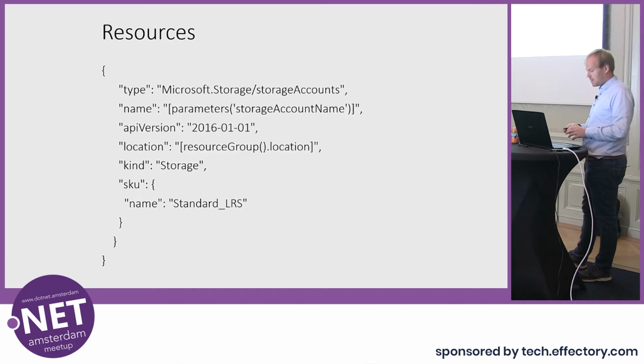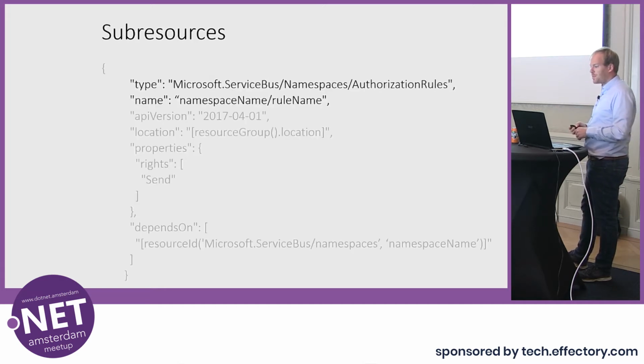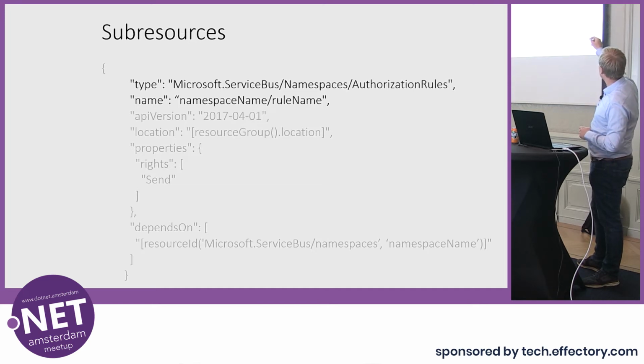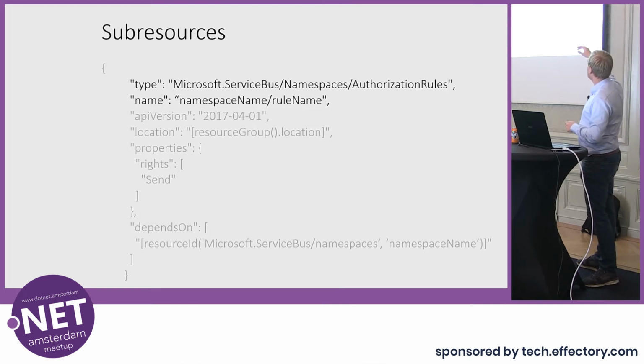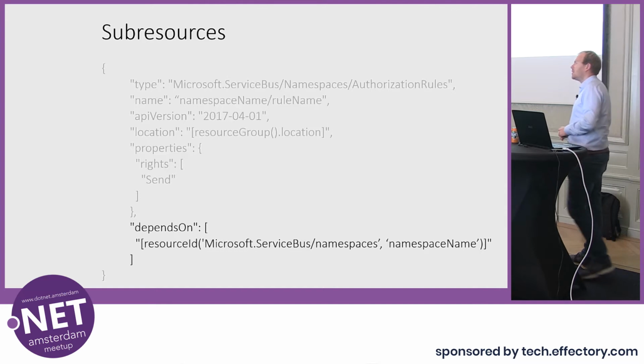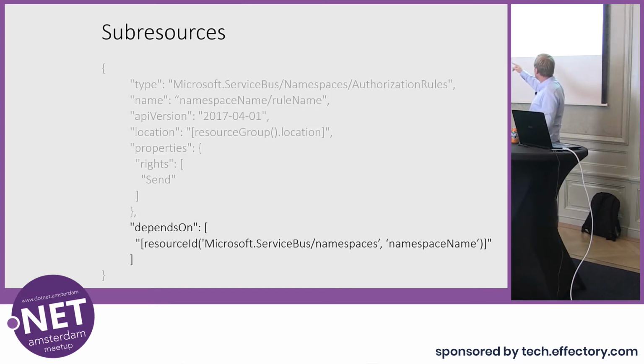Well, like I said, we also have sub-resources. So what you will see here is that the type will have a slash and a sub-resource type appended, and the name as well. So we don't have one thing, they both get one, what's called segment added. Another thing that we have to do for sub-resources is specify that they depend on the resource that they are going to go inside.